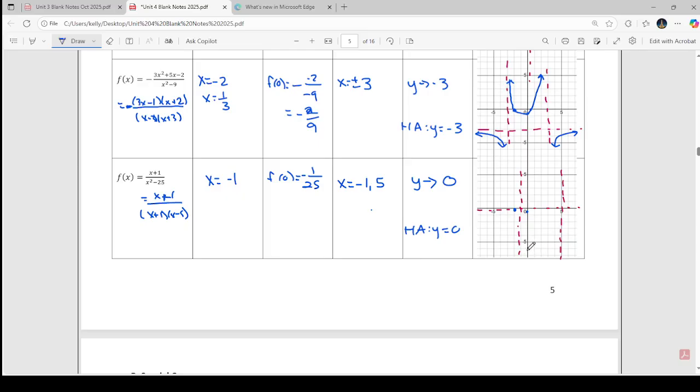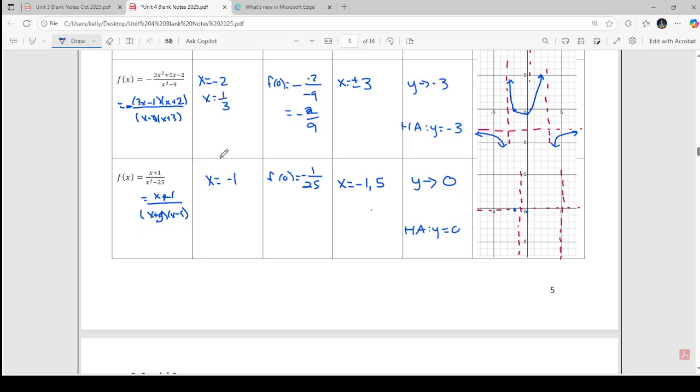But how is this going to look? Do I need to analyze this a little bit? Yeah, what mistake have I made? Oh, my messy writing.